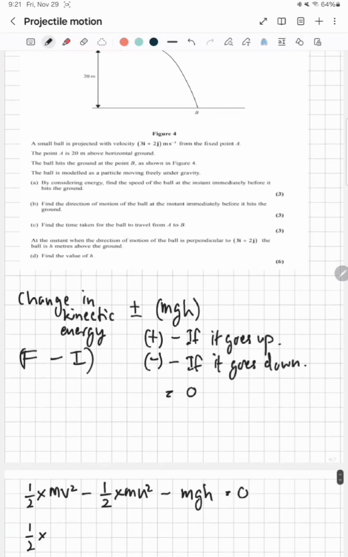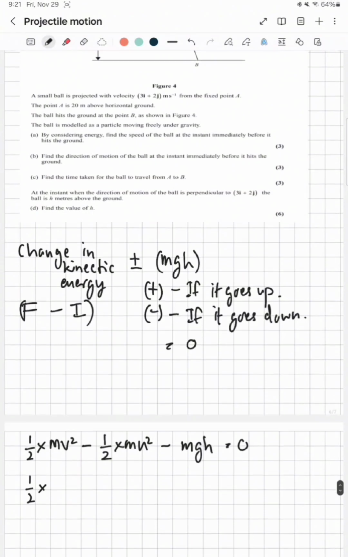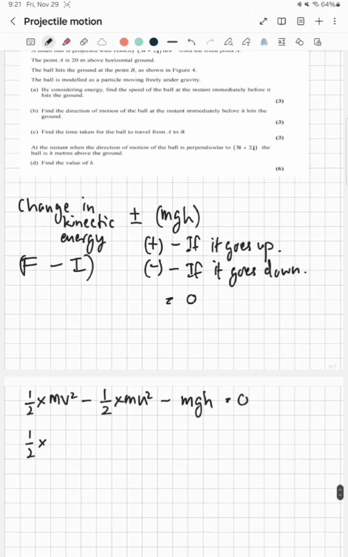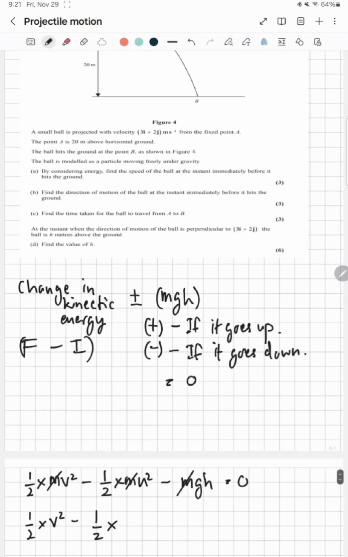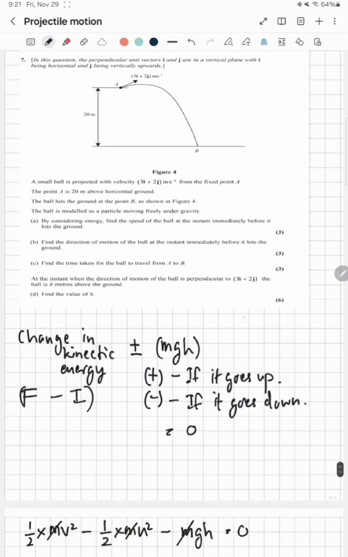They haven't given the mass, but it cancels out anyway, so you can cancel out the mass. So half v squared minus half into our initial speed squared. We found it earlier, 3 squared plus 2 squared, which gives you 13, and square root 13 is your initial speed.